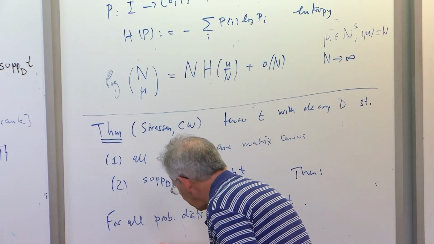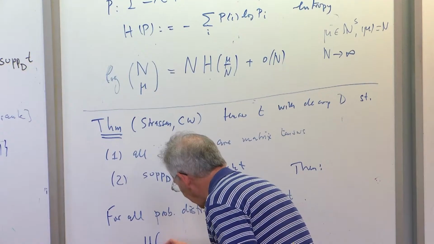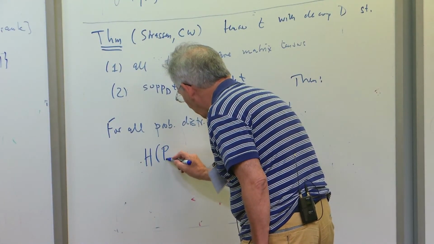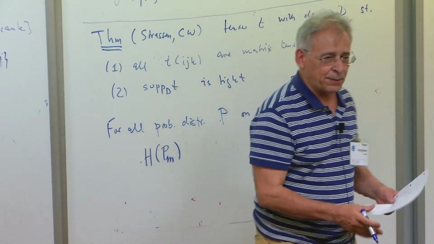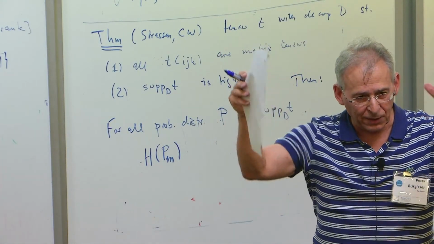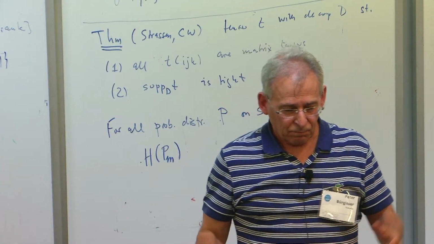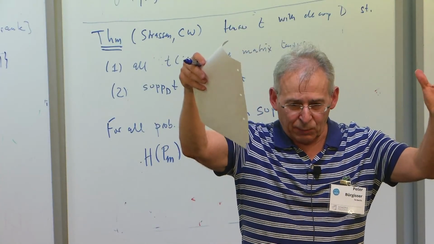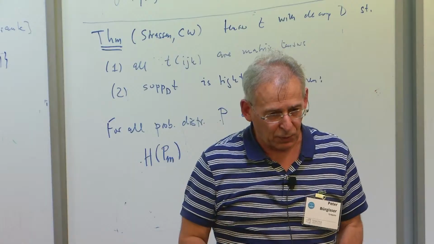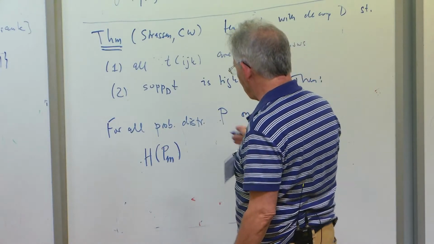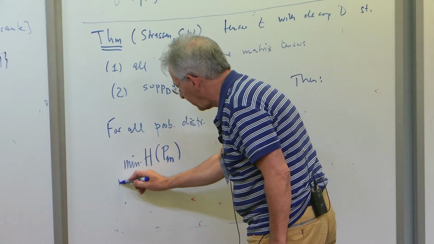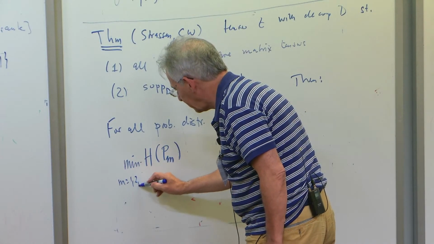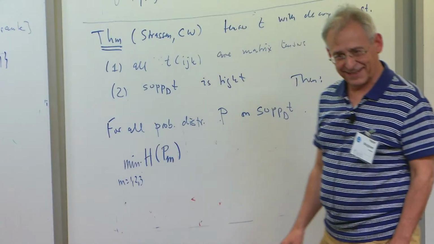Here I take the Shannon entropy of the marginal distributions of P. You see P is like a three-dimensional object, this support. It's a probability distribution. Then you get three marginal distributions, which I denote P1, P2, P3. And I take the minimum of these over n equals 1, 2, 3. That's a number.